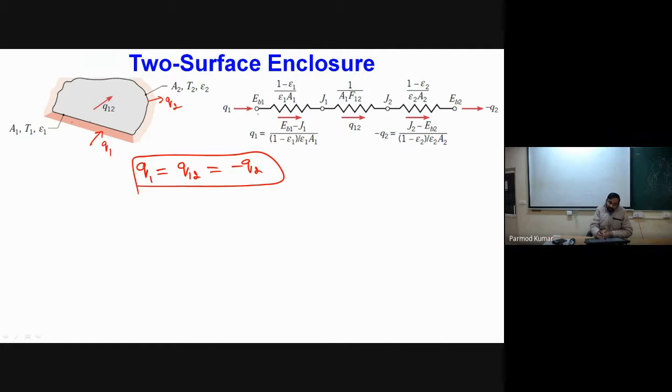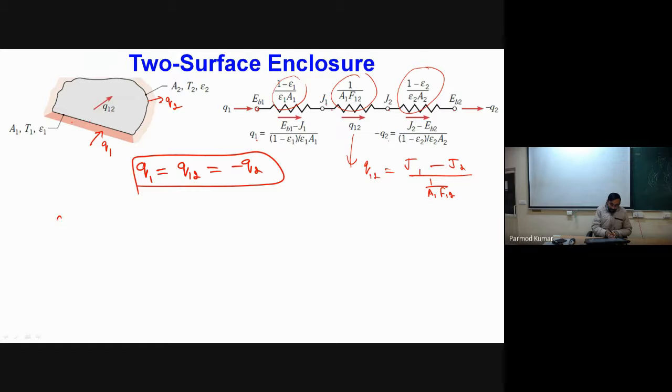If you make the resistance analogy, you will have EB1, then J1, with a surface resistance, then from J1 to J2 the space resistance, and J2 to EB2 again the surface resistance. Similarly, the way we calculated Q1 and Q2, I can calculate Q12 as J1 minus J2 divided by 1 over A1 F12.